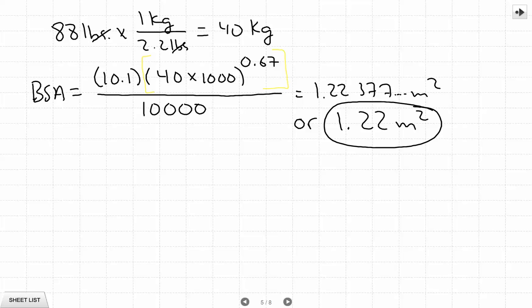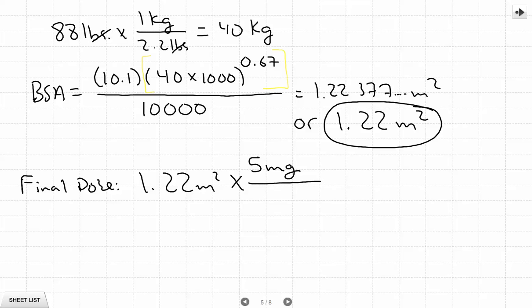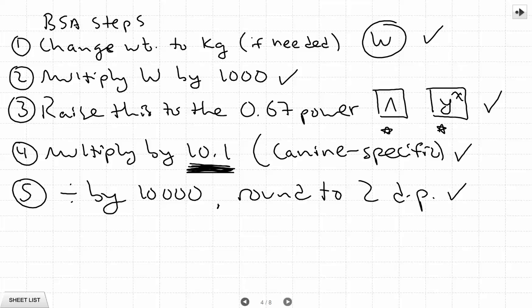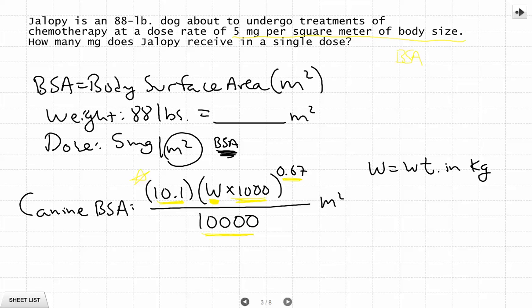So now to find the final dose is very simple. We're going to take our 1.22 meters squared and multiply by the dose ratio given. We were told to give this drug at a rate of 5 milligrams per meter squared. So if you go back to the previous screen, actually one more screen, that's the information that I have underlined in yellow, 5 milligrams per square meter.